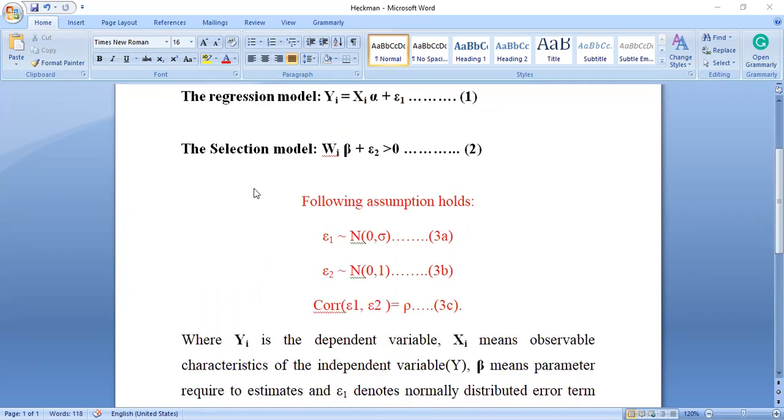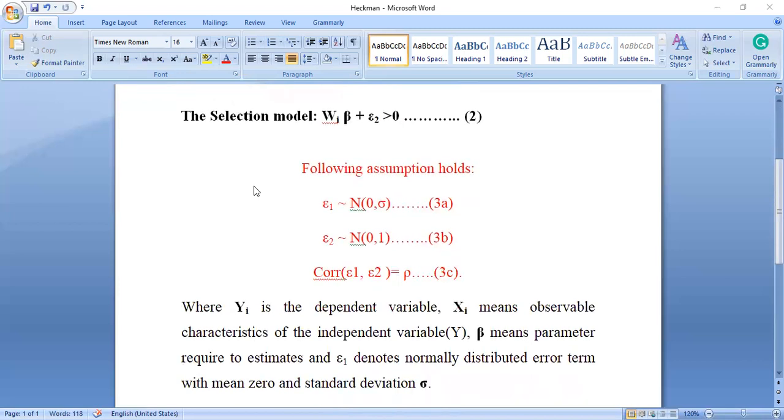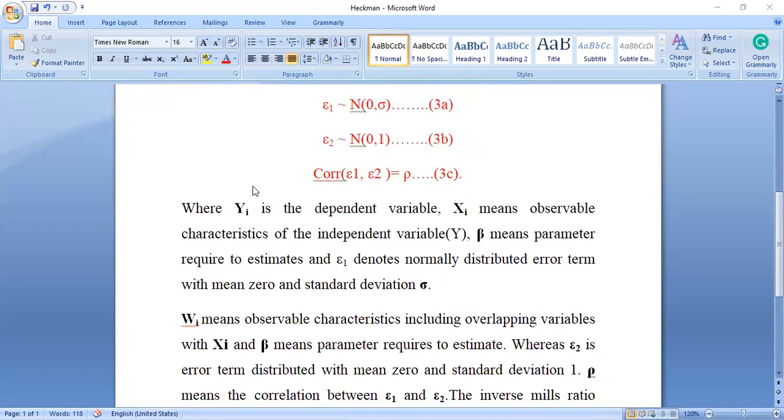In the regression model, y_i is the dependent variable, and x_i means all observable characteristics of the independent variables. Beta means the parameter required to estimate, and epsilon 1 denotes a normally distributed error term with mean 0 and standard deviation sigma.